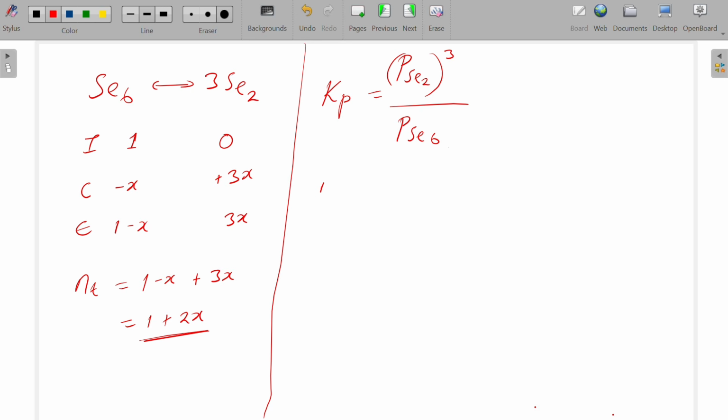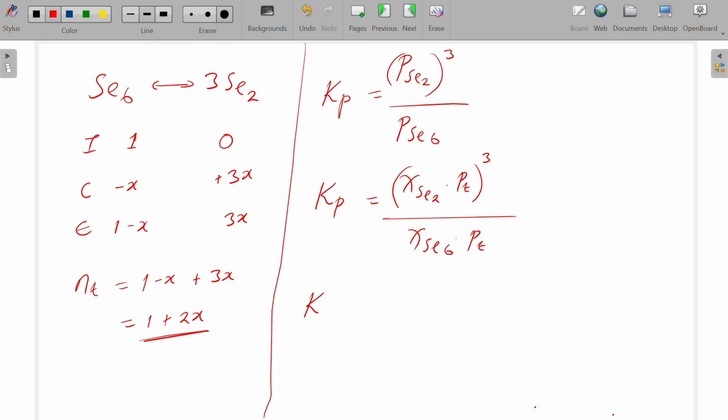All right, so our new Kp expression will be equal to, on top, the mole fraction of Se2 multiplied by the total pressure, and this whole expression given to the power of 3, and down here the mole fraction of Se6 multiplied by the total pressure as well.